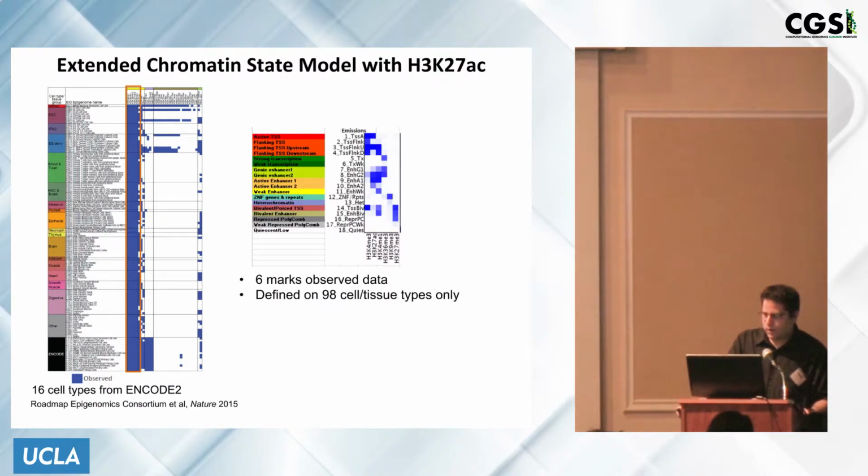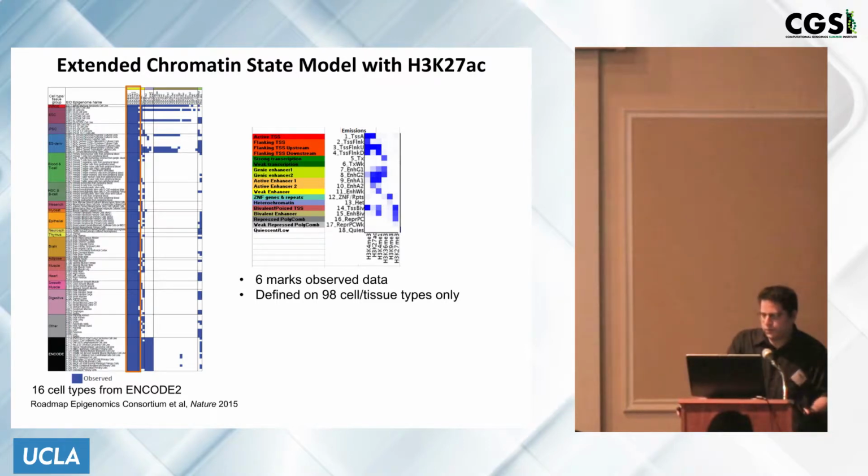We were also interested in including additional marks, so we included H3K27 acetylation, which can be associated with active promoters and enhancers. But one issue was we only had this data available in 98 cell and tissue types, so we learned this model just on that subset of samples. We could continue adding marks and reducing the number of samples we would have coverage of, but that wasn't particularly satisfying.